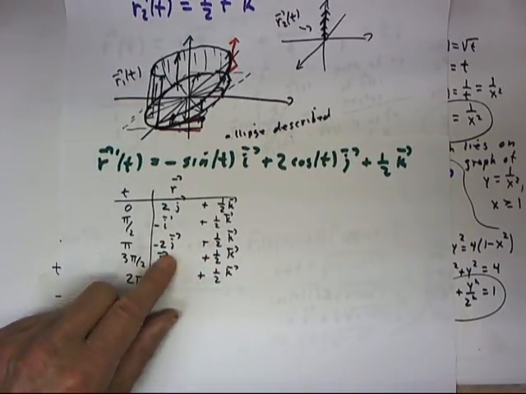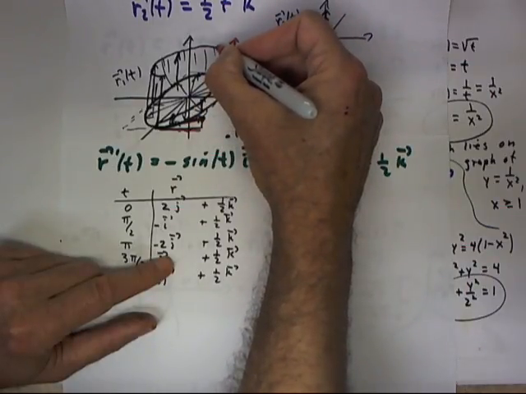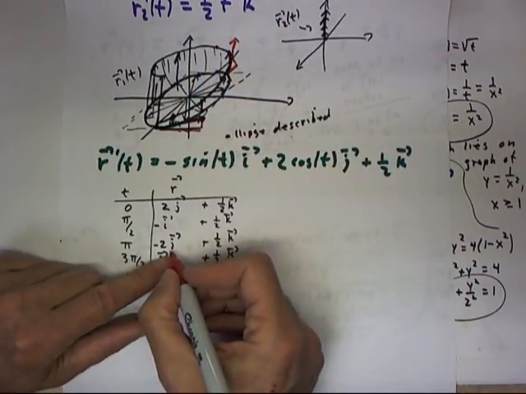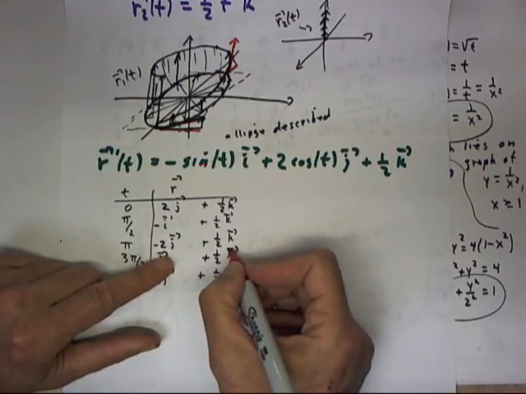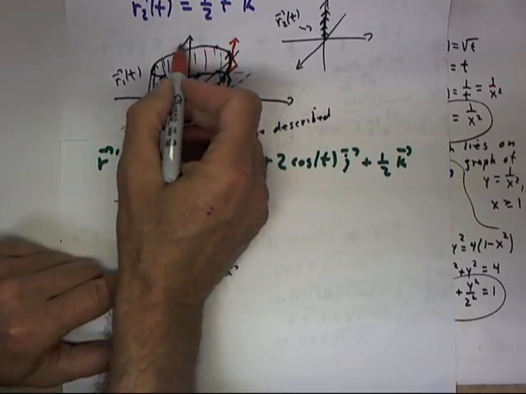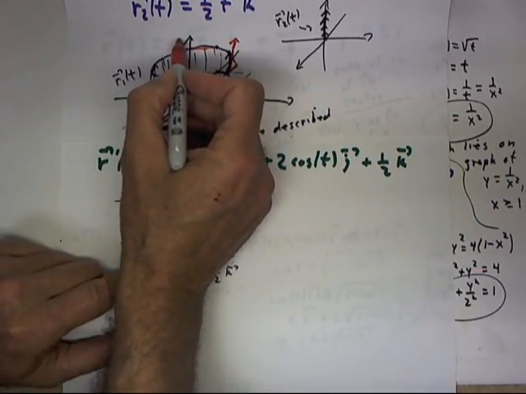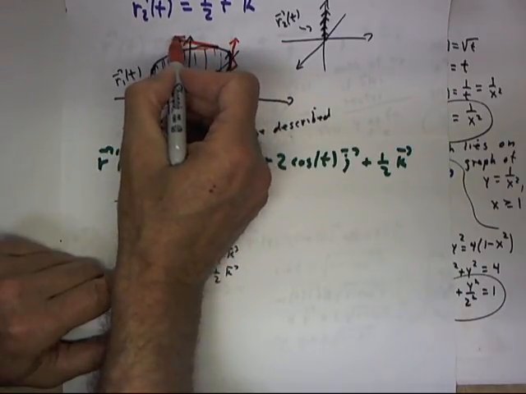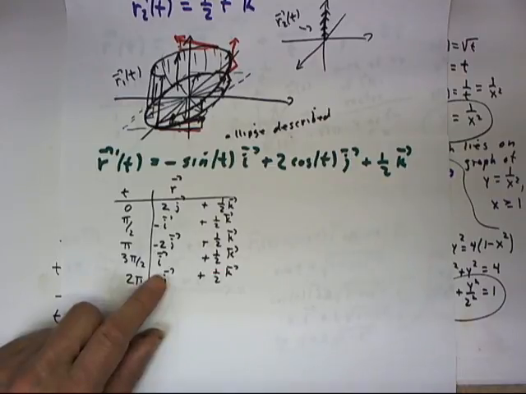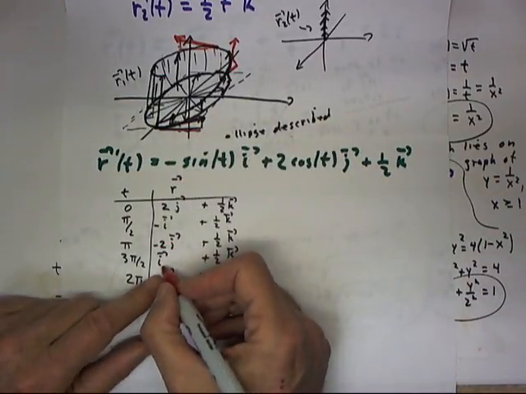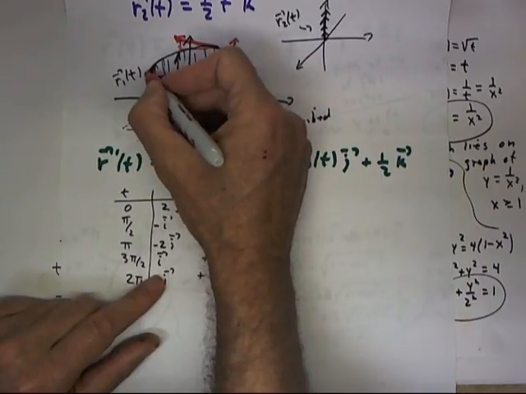At the t equals pi point, which corresponds to the point along the negative x-axis, that would be here, the vector is negative 2j plus 1/2 k. Well, negative 2j would be back this way, plus 1/2 k would be up here, so our vector might look like this. And at the 3 pi over 2 point, i would be in the positive x direction.